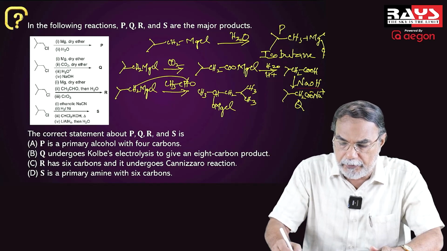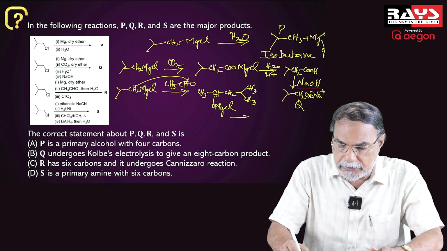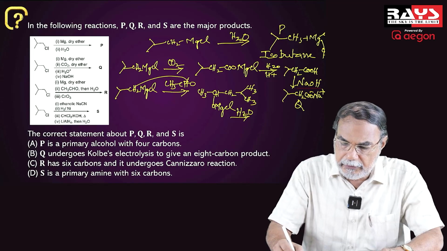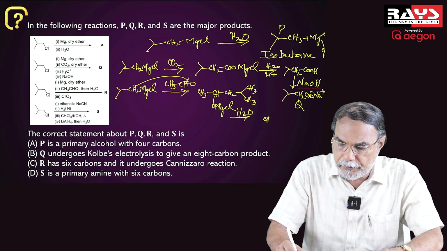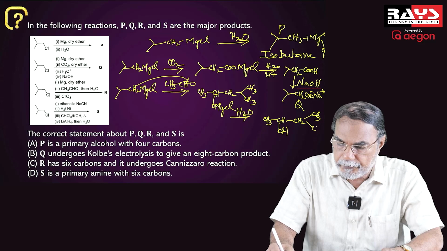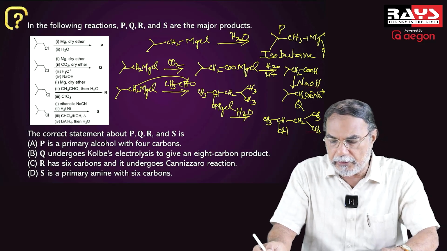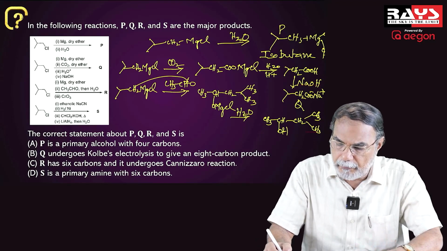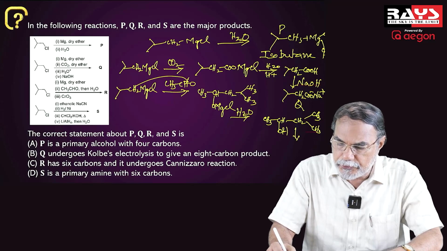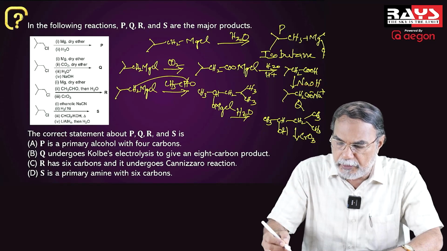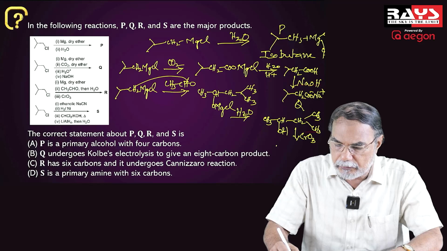So you are getting this compound which on hydrolysis, that is the second step of the reaction, gives CH3CHOH, a secondary alcohol, CH2CH(CH3)CH3. So that's the secondary alcohol you get. And the third step is the oxidation of this compound by chromium trioxide. The secondary alcohol will be oxidized to a ketone.